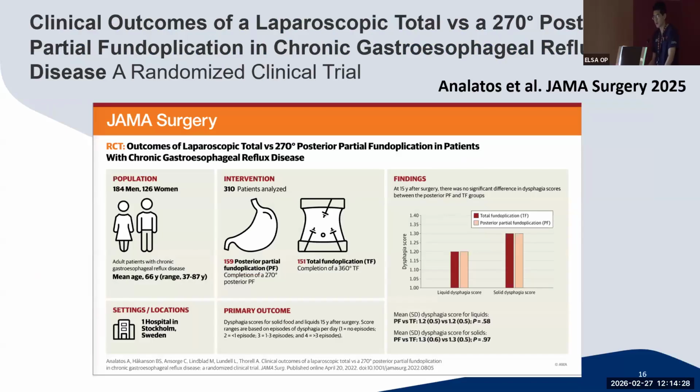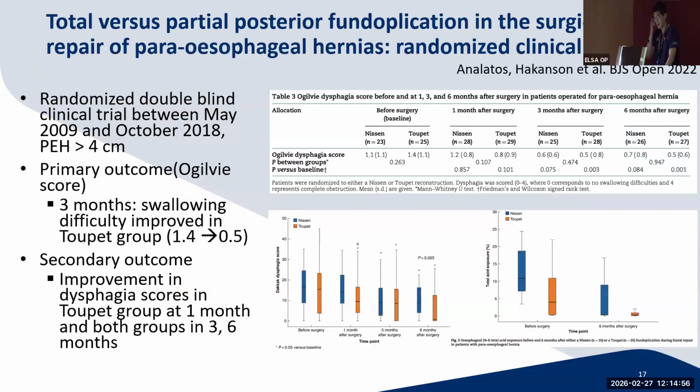If you compare the RCT, it shows that the dysphagia scores are quite similar in both the total as well as the posterior fundoplication. Even though in classical surgical teaching we do think that Nissen may result in greater dysphagia, even though the results of reflux control may be much better.